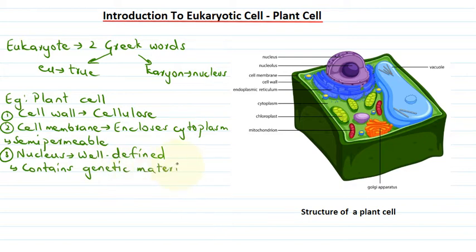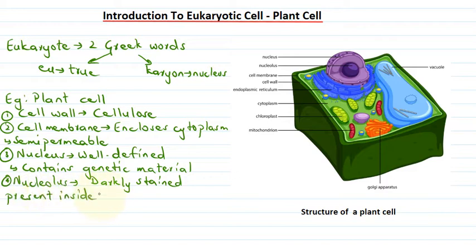Okay, then there is nucleolus. Nucleolus is a darkly stained spherical structure that is present inside the nucleus, and it helps in the biogenesis of ribosomes.